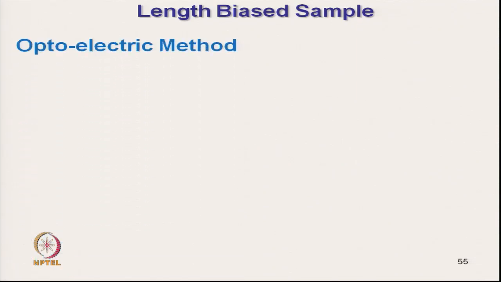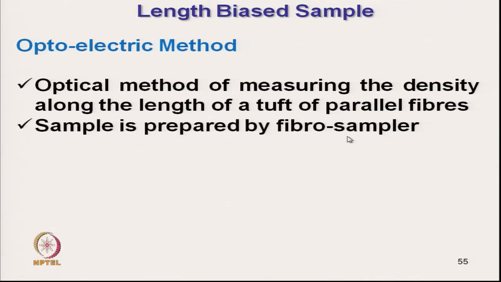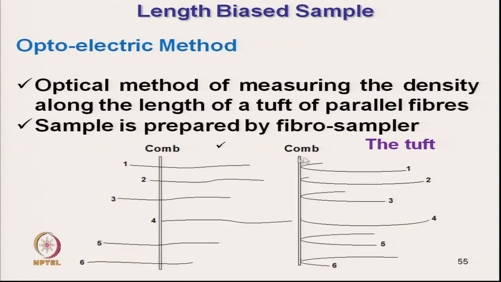Now, the optoelectronic method is an optical method of measuring the density along the length of the tuft of parallel fibers. The sample is prepared by the fibrosampler, as we have mentioned earlier.